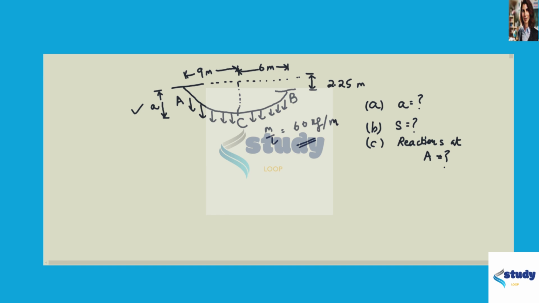We know that the supports are not on the same level, so we have to apply the equation of the parabola for the two parts of the cable, one for AC and another for BC. Let the tension at the lowest point of the cable be T naught.